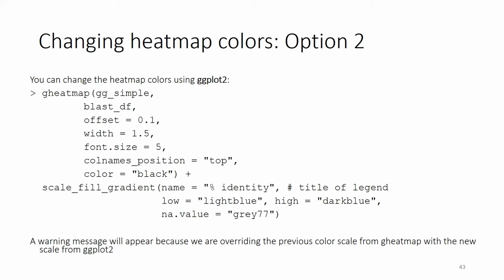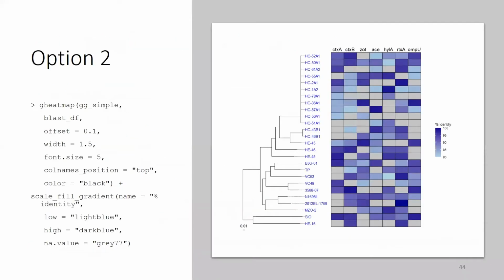And again, I used scale_fill_gradient, and I specified the low and high colors. I also had to change the name of the legend right in scale_fill, because again, it overrides the previous argument. And this time you can change the color of the NA cells, so I changed them to gray. So now it looks like this, a little bit closer to what I was aiming for.